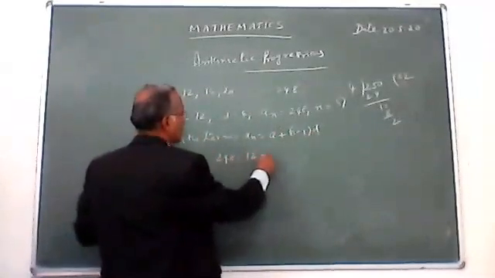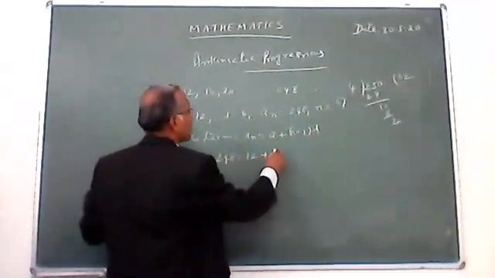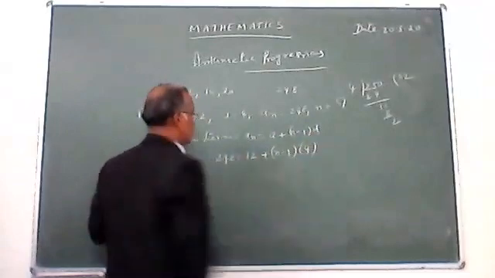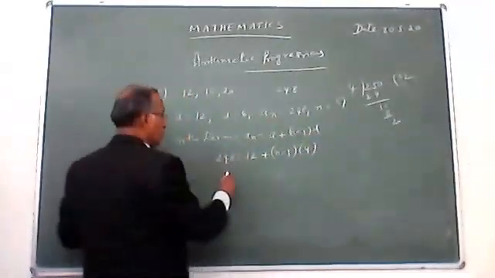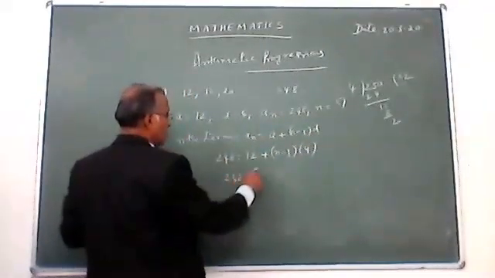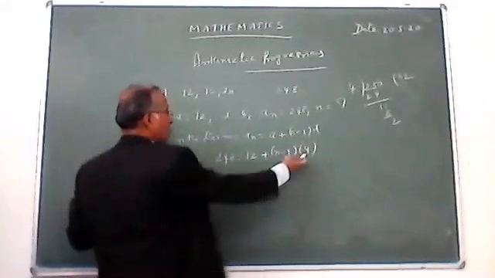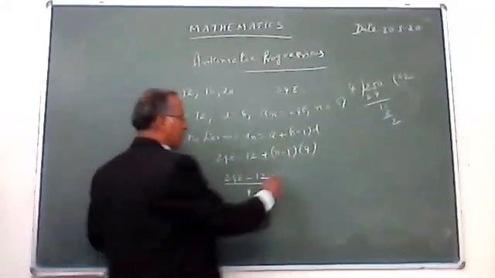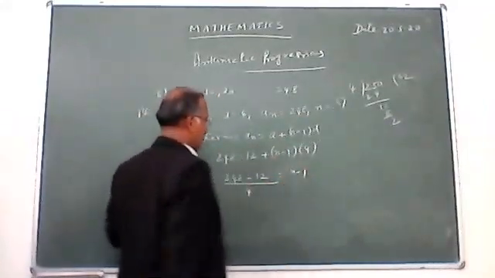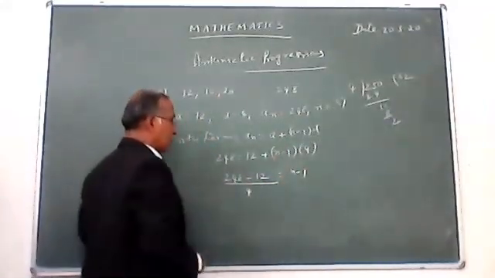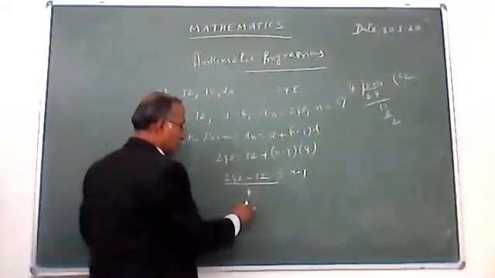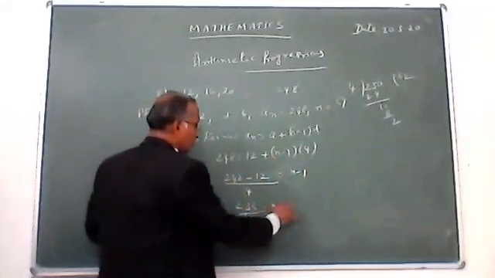A is equal to 12. n, they have not given, we have to find out. Common difference is equal to 4. So 248 minus 12, multiplication becomes division straight away, is equal to n minus 1. 248 minus 12: 8 minus 2 is 6, 4 minus 1 is 3, 2 by 4 is equal to n minus 1.